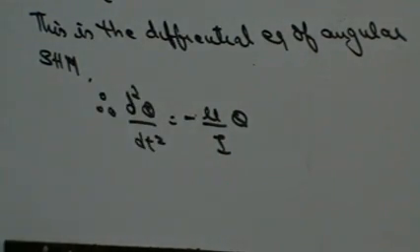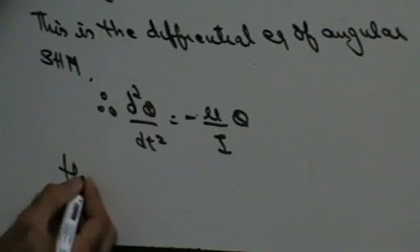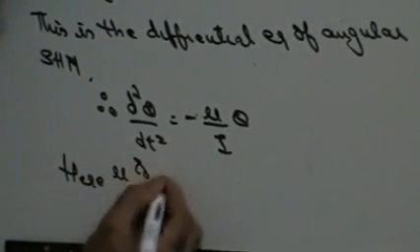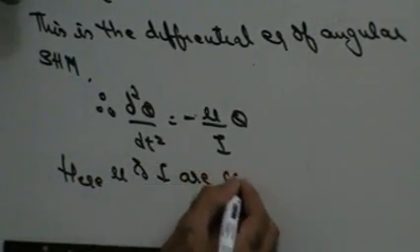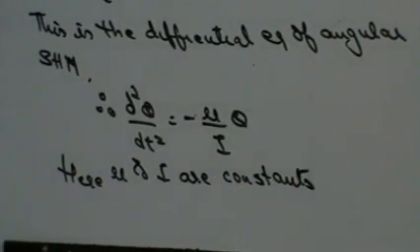Mu, we've already said, is proportional to the angular displacement, right? So in that case, mu and I are constants.